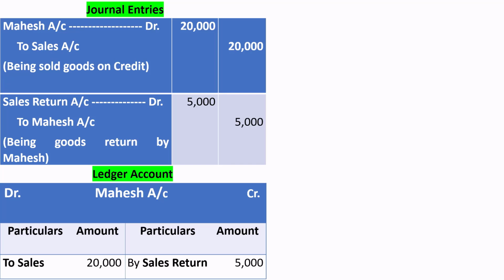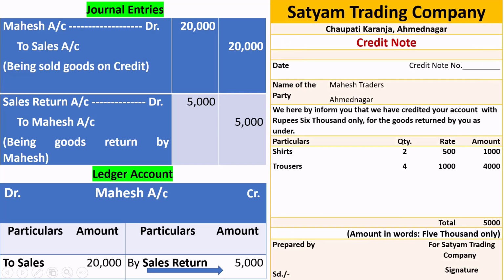Whenever a customer returns goods to us, we have to give something as evidence. That evidence is called a credit note. Suppose you are a businessman and your firm name is Satyam Trading Company. Mahesh is your customer.